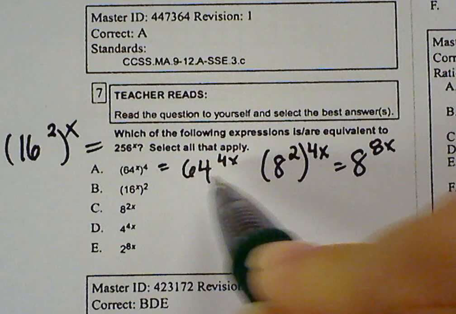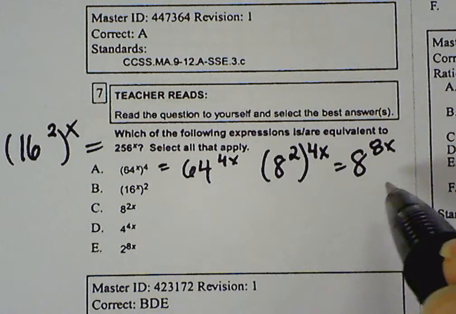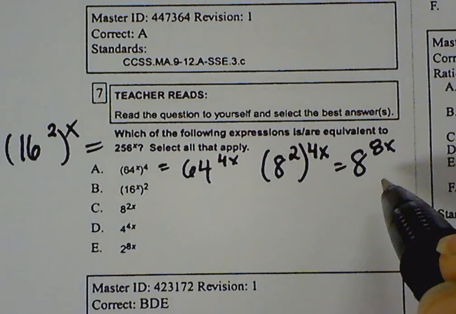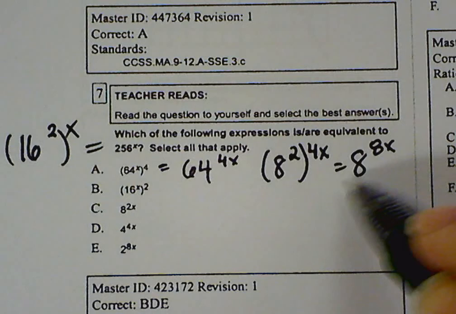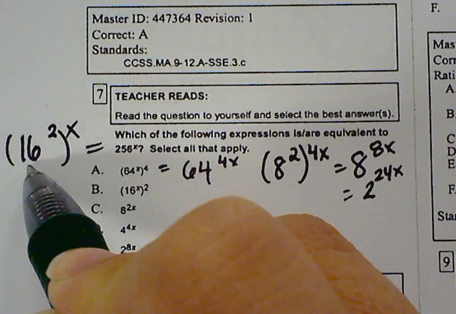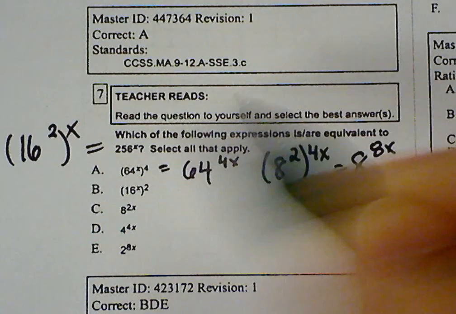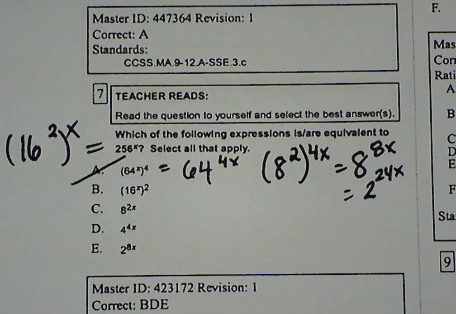Yeah, so this is not going to be the same, because 8 is 2 to the third power, so this is 2 to the 24x. So this is not going to be it. Okay, well, look at B. We're good with B, right? Okay, what about C?